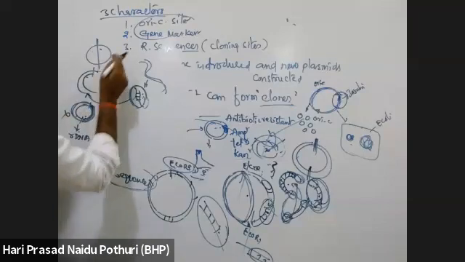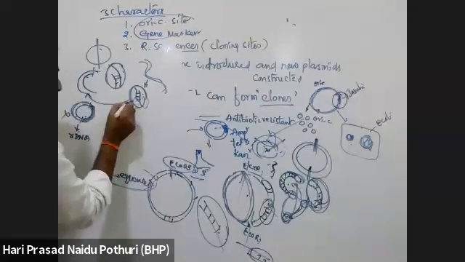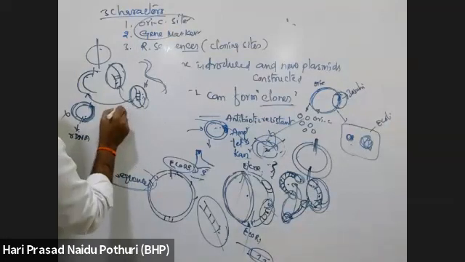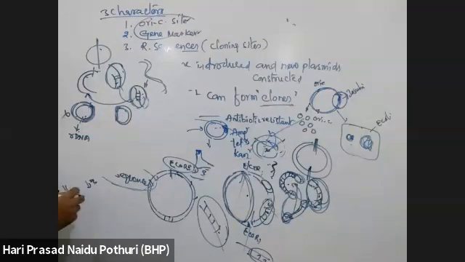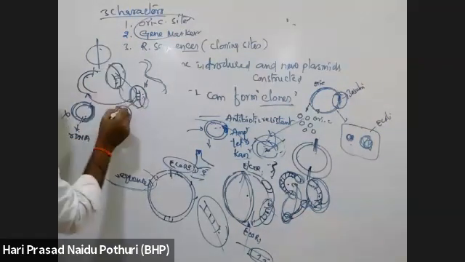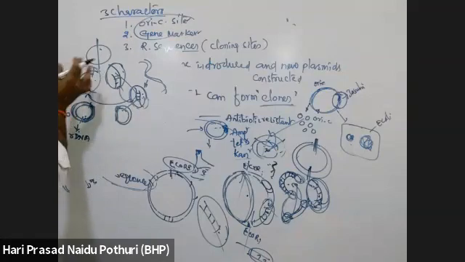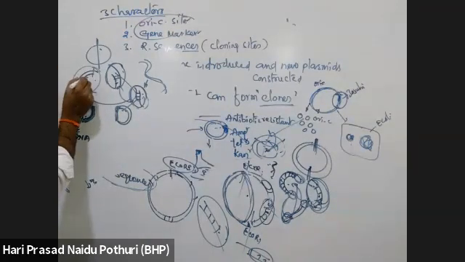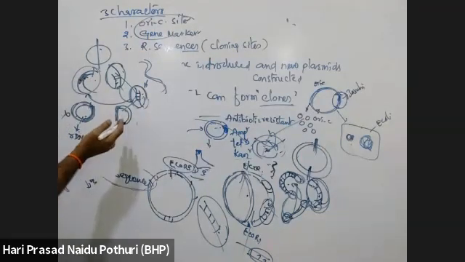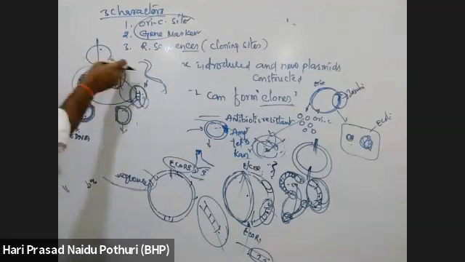This remaining half of the vector, if it is combining with this, now also there is a possibility of rDNA like this. If it is formed like this, the remaining 50% of the vector is missing or lost, meaning any characters present in this part may be lost here. This rDNA does not have that character.